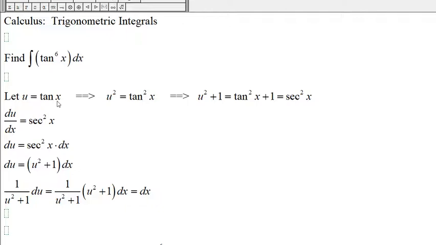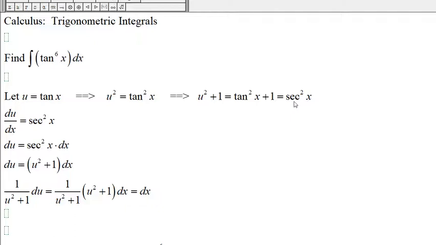u is tangent of x. The derivative of u with respect to x is secant squared of x. So we have du is equal to secant squared of x times dx.